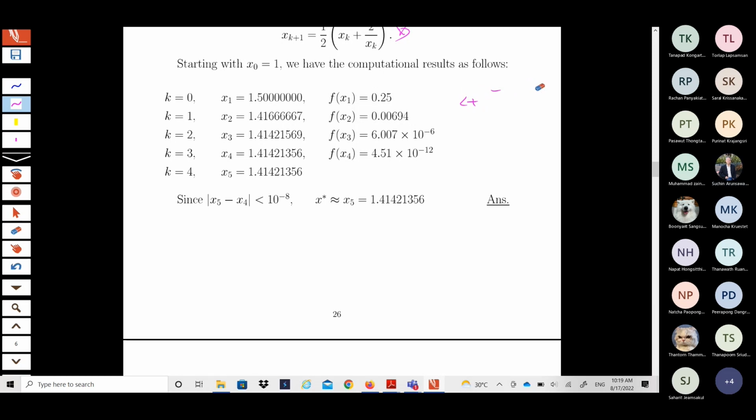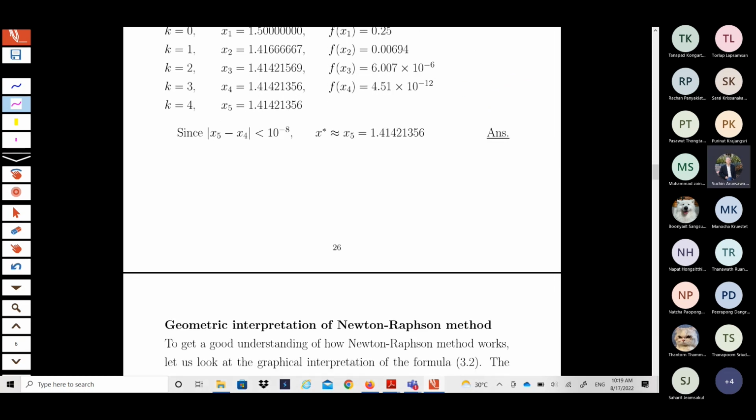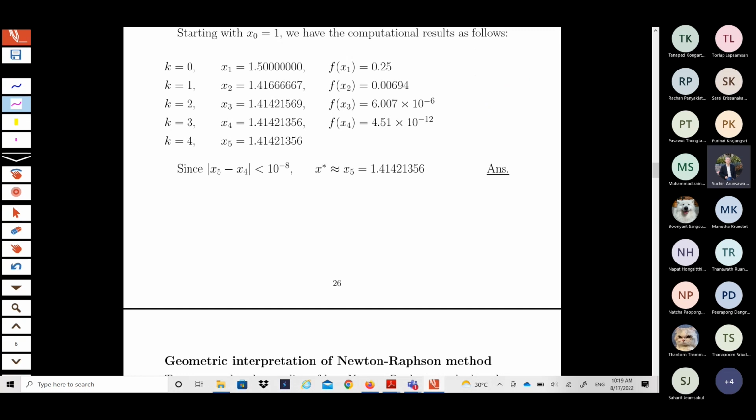First, you can examine the absolute value of x_{k+1} minus x_k, or the absolute value of f(x_k), right?